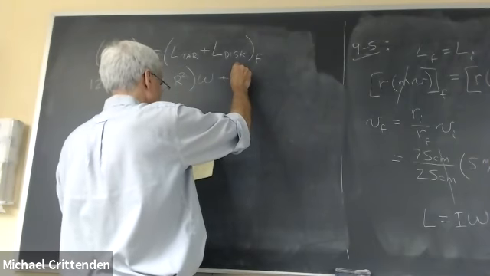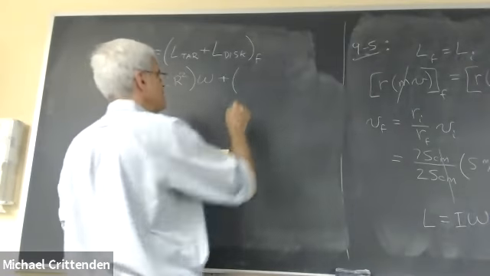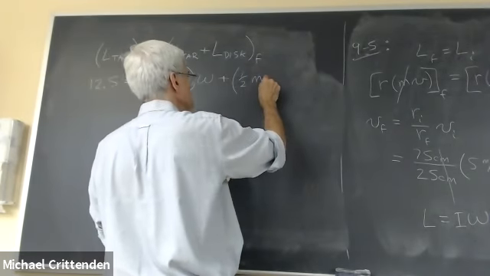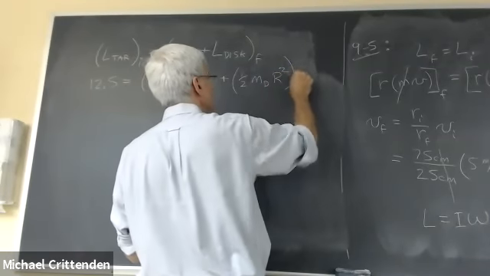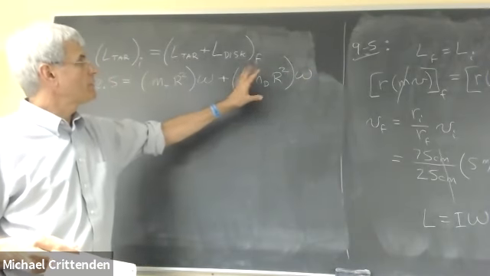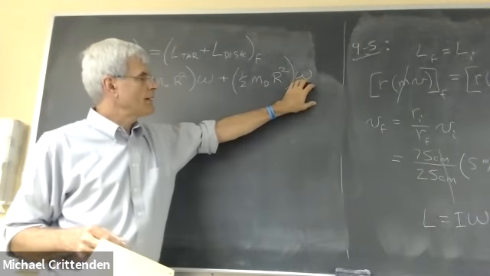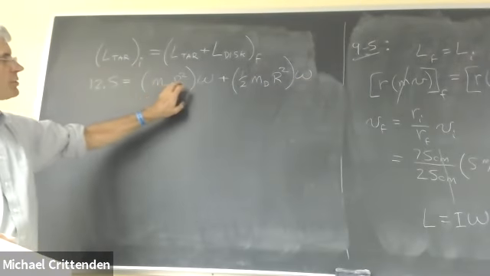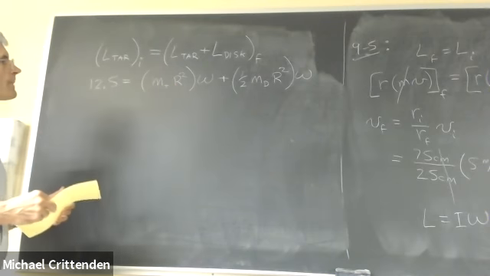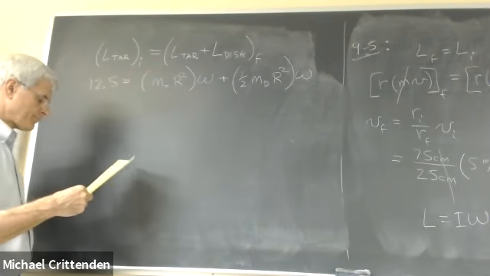Disk, you've got mass distributed from the center all the way out to the edge. D for disk, mass of the disk. So moment of inertia of the disk times omega, moment of inertia of the tar times omega. And I've got numbers I can put in for everything else, and I'll solve for omega.